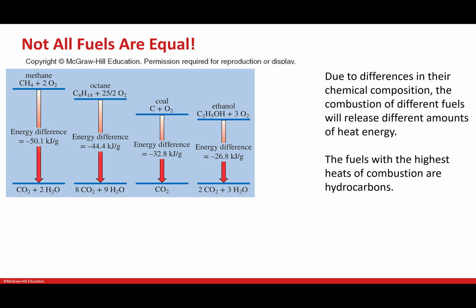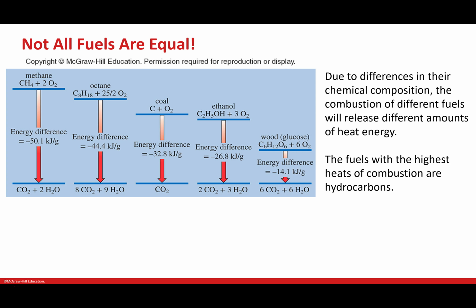When we introduce an oxygen, so it's not a hydrocarbon anymore, this OH makes it an alcohol. So this is ethanol. Burning it is even less. Burning glucose or wood, C6H12O6, it's even less.